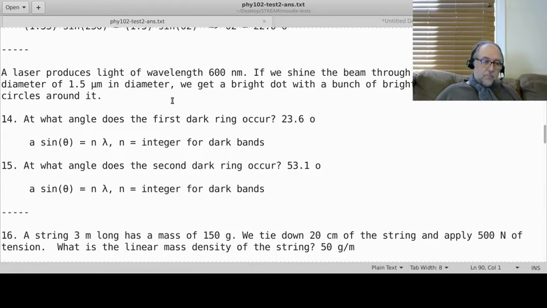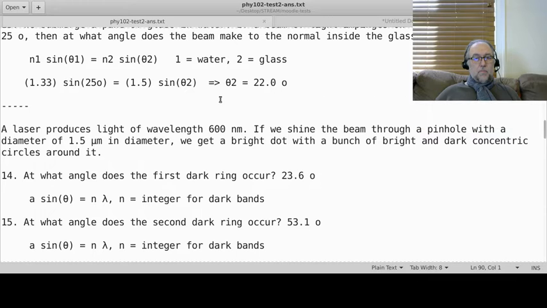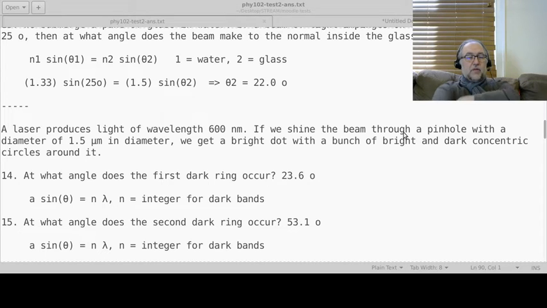This question was about interference. I have a laser, and the laser produces light of 600 nanometers, which is kind of in the red spectrum.